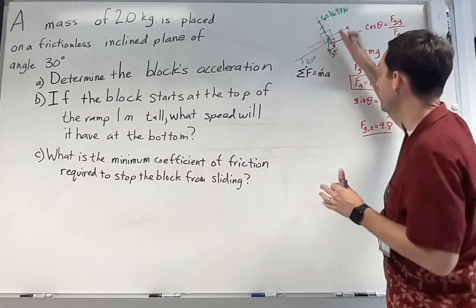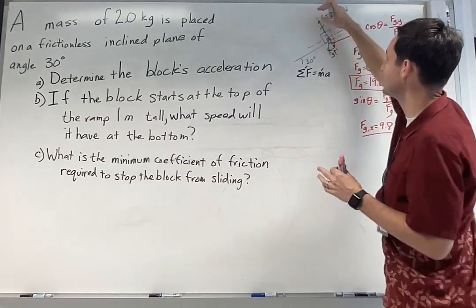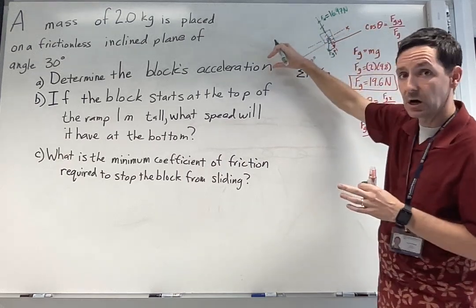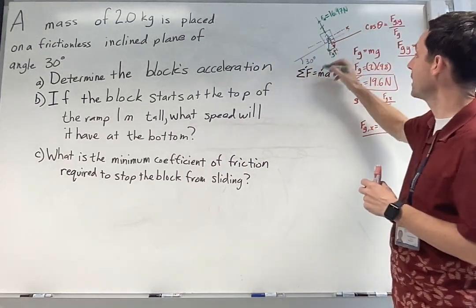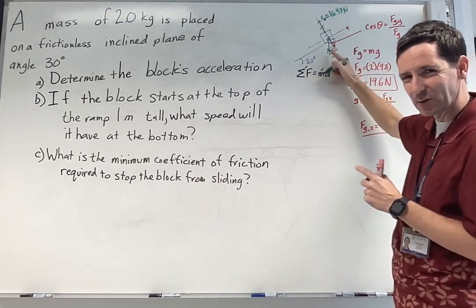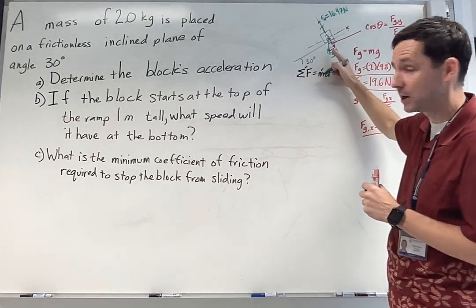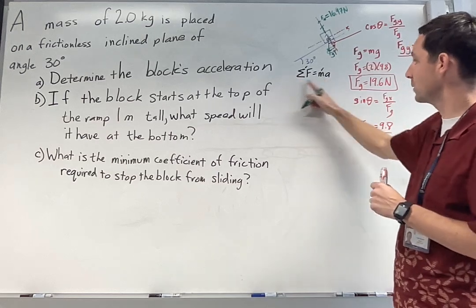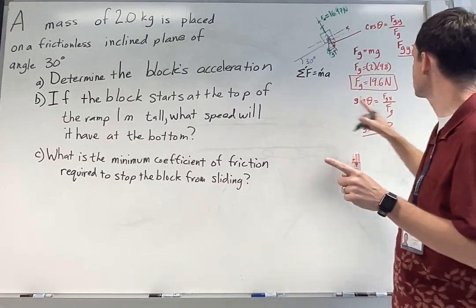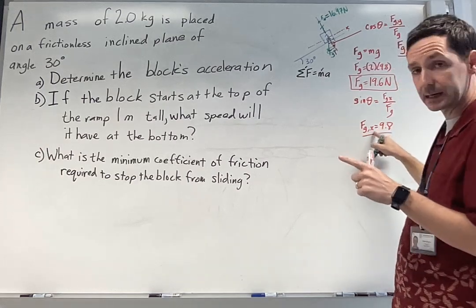Both of those vertical forces, because the block isn't going vertically, it's only going horizontally along the x-axis. And so therefore, the only force that is not balanced is that horizontal component of gravity. So when I do my sum of the forces equals ma, the only unbalanced force is FGX.